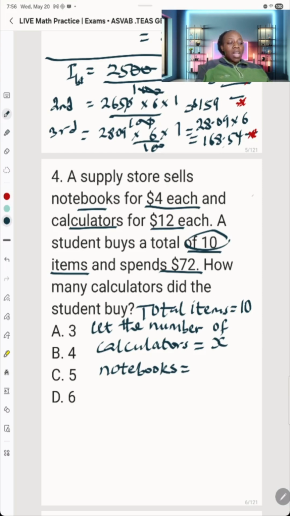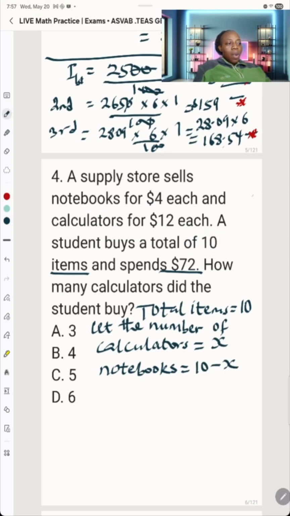If the number of calculators is x, what will be the number of notebooks based on 10? If you want to write it in mathematical form, it will be x out of 10, right? That means it's going to be 10 minus x.